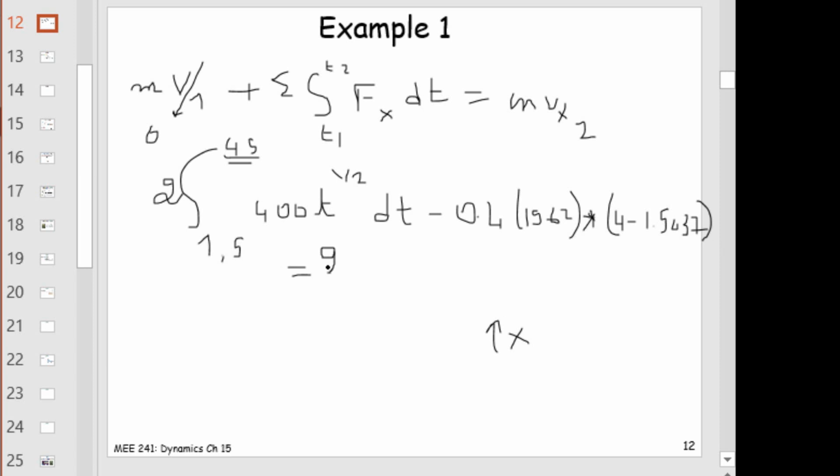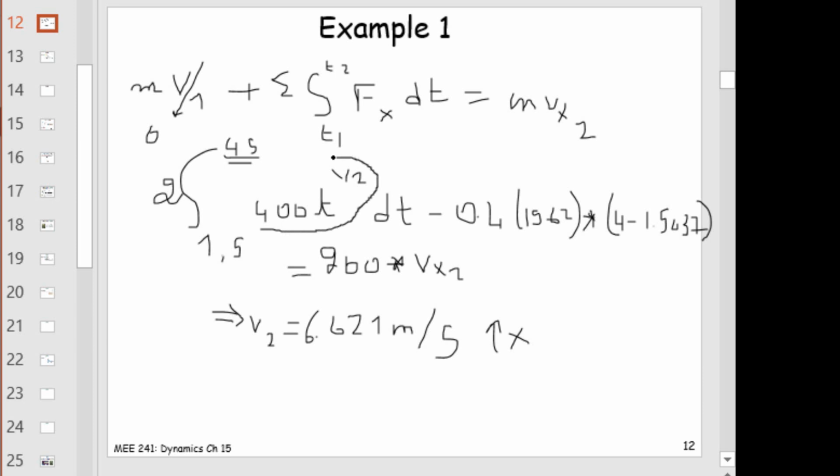Now m is 200 kilograms, and vx2 should be found. So if you do this, you can find vx2, or v2, or v at 4, is equal to 6.621 meters per second.